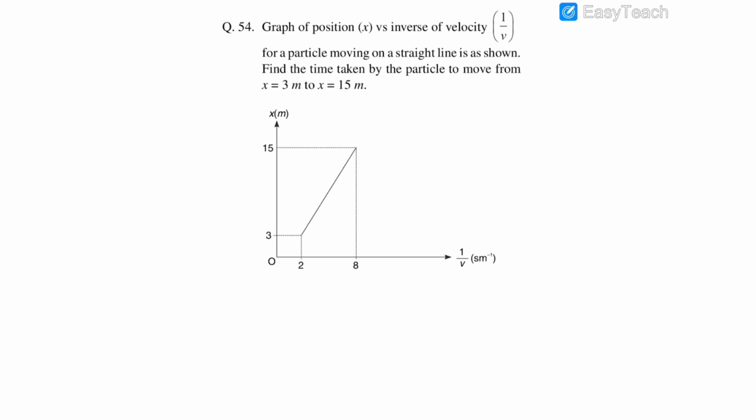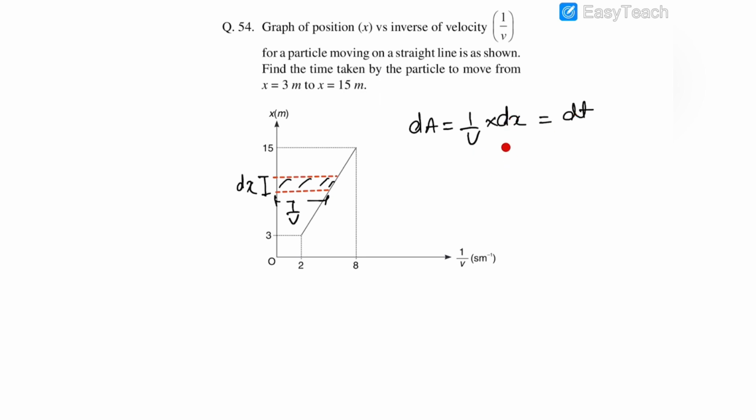You can see that this area of this graph bounded with the y-axis, this is dx and this is 1 upon v. So this area dA would be 1 upon v into dx, and we know that this is dt because dx by dt is equal to the velocity.